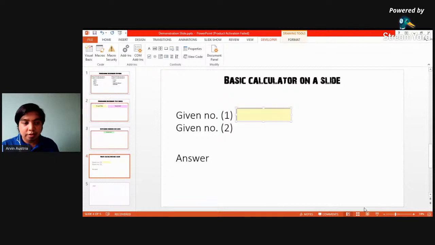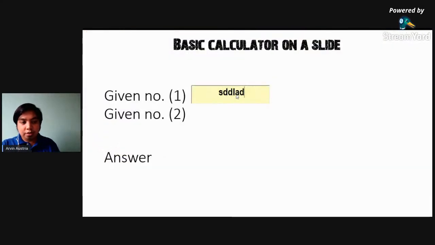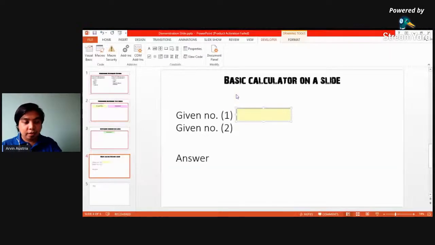Now, since it's ready, we can copy and paste it. The one that we copied has now become text box number 2. Then Control C, Control V again. Our answer becomes text box number 3.